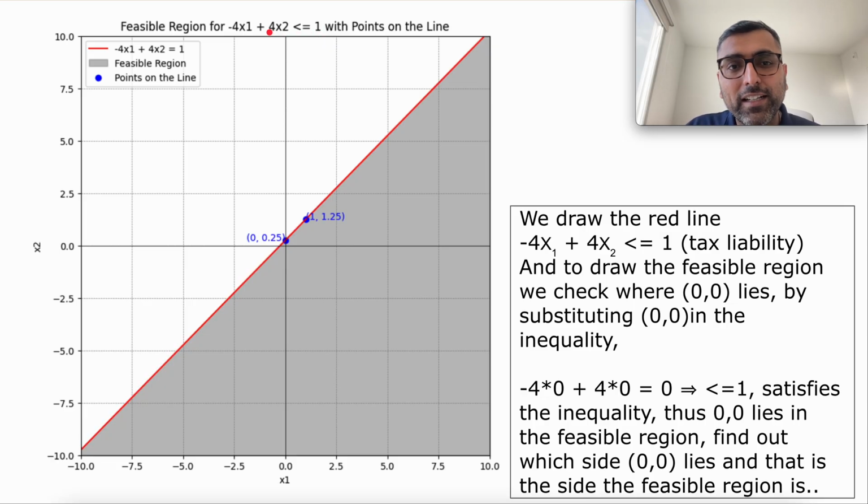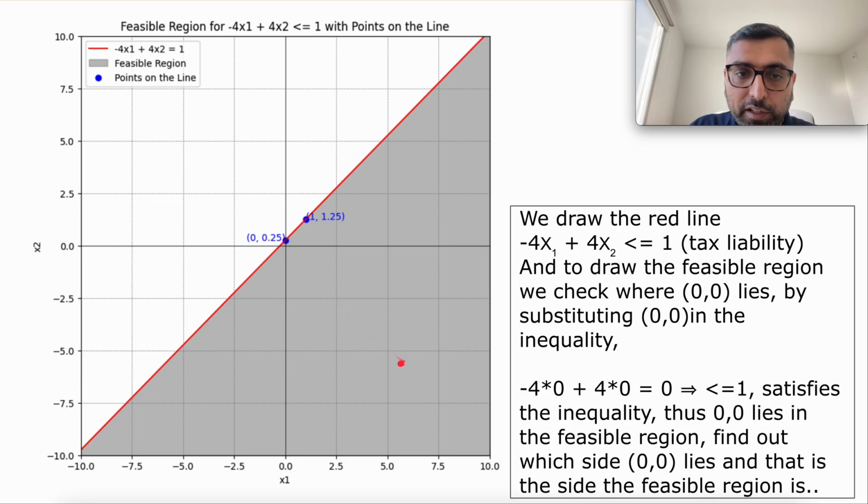That means (0, 0) satisfies this inequality, meaning (0, 0) is in the feasible region. If (0, 0) doesn't satisfy the inequality, then it is not in the feasible region. In this case, (0, 0) satisfies the inequality, so wherever (0, 0) is, that is where the feasible region is. So we know (0, 0) is somewhere here.